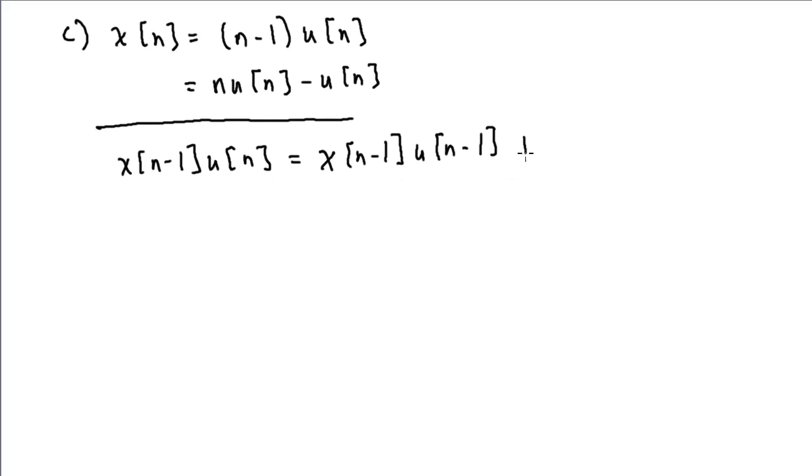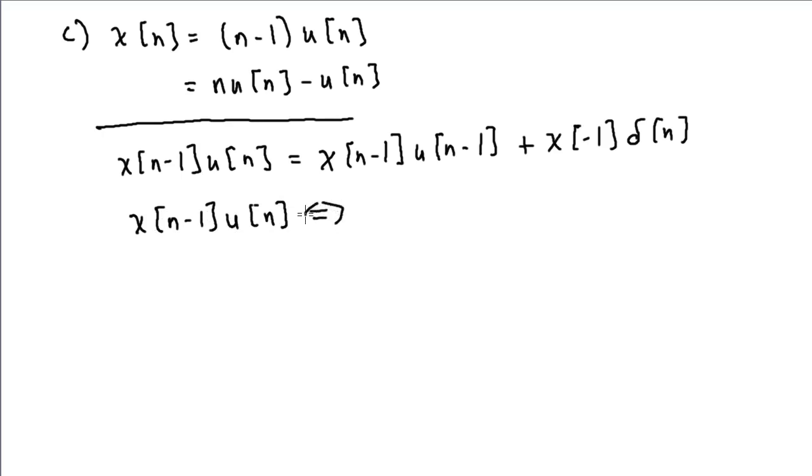Well, I can just add that term in. The value of this sequence at n equal to 0 is x of minus 1 delta n. So these two sequences are identical.